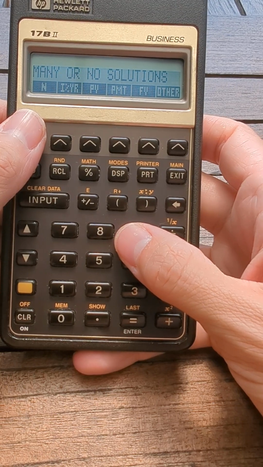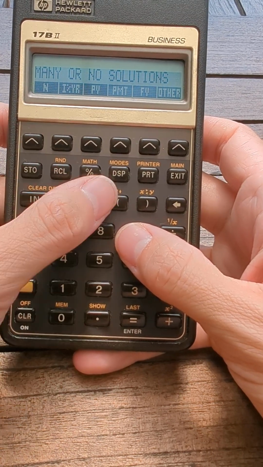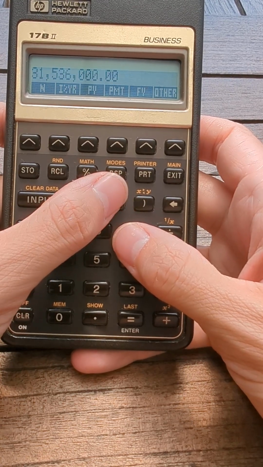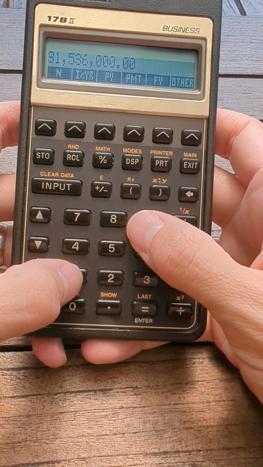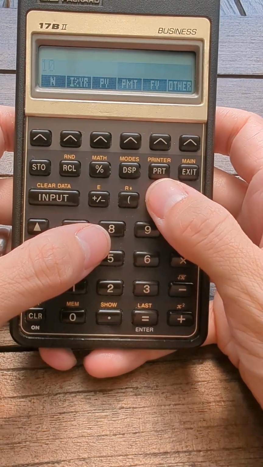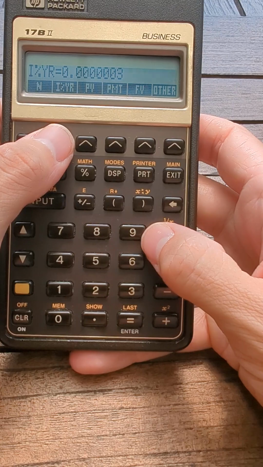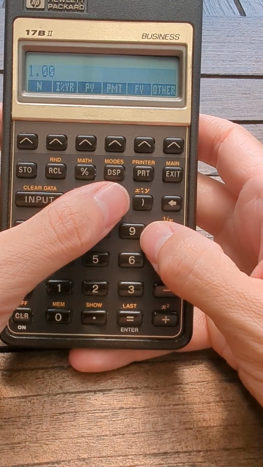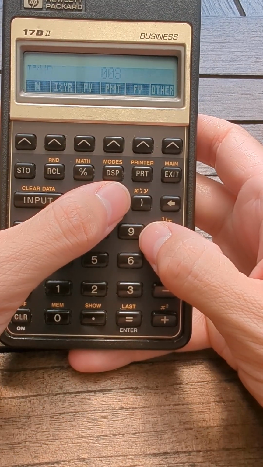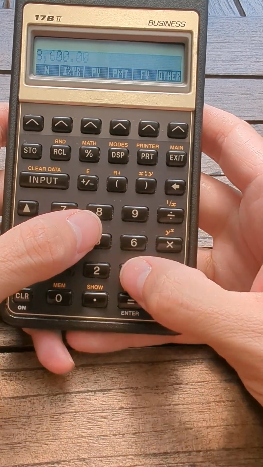Oops. I'm not calculating. Okay, that's interesting. Not sure. It seemed to think I was calculating there. Okay, so let's put that into the interest rate. Oh no. Oops. Managed to lose the number.